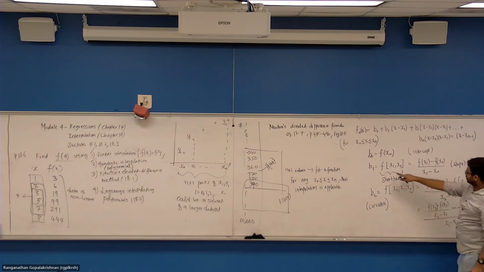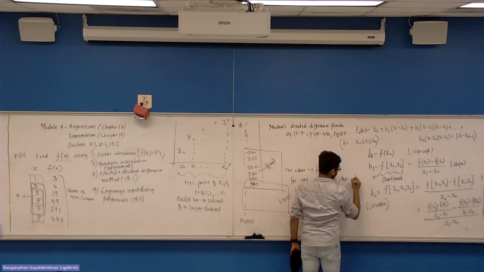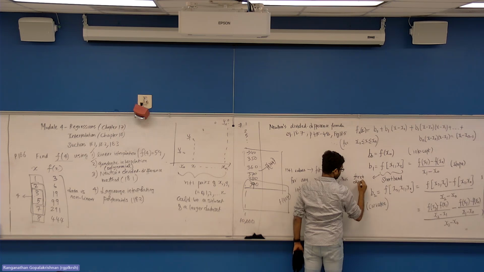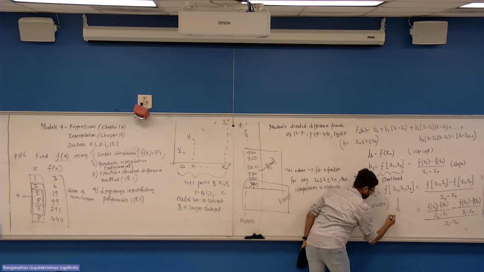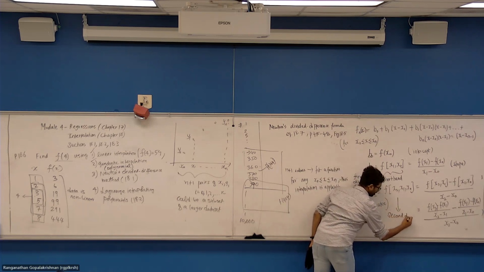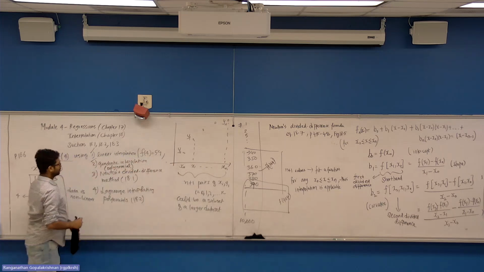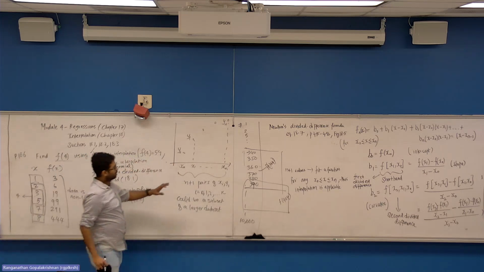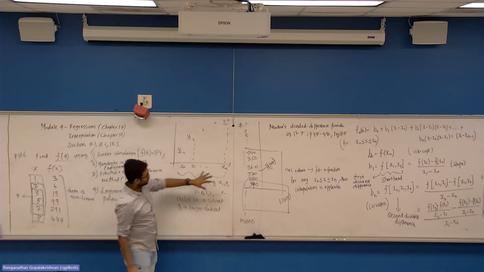So this f of x1 comma x0 is called the first divided difference. f of x2, x1, x0 is called the second divided difference. You can see there will be a third, a fourth, a fifth, and so on. So tell me if you have written this down so I can erase it, and this one and this.